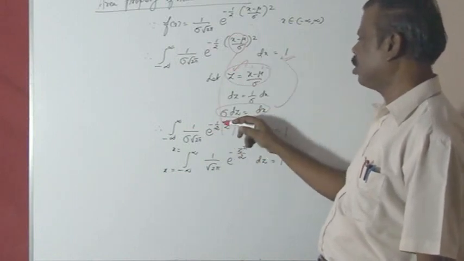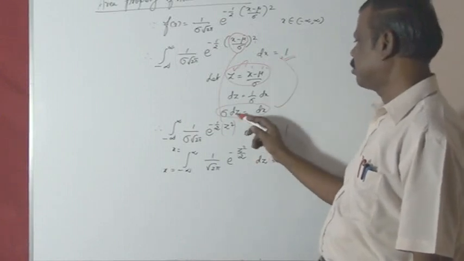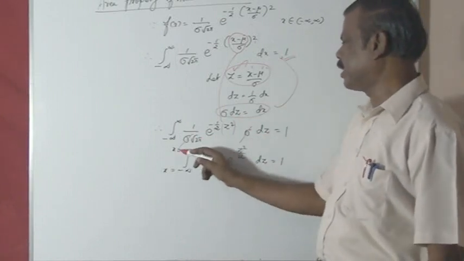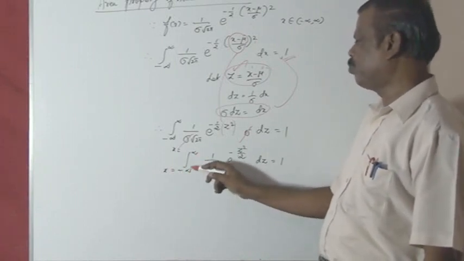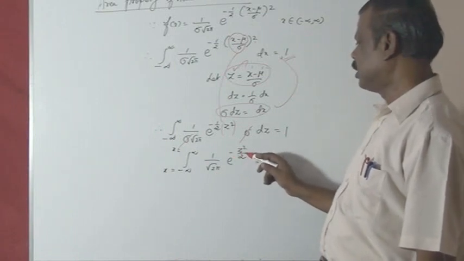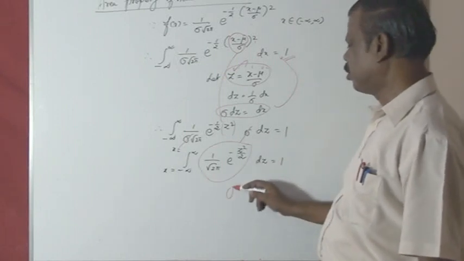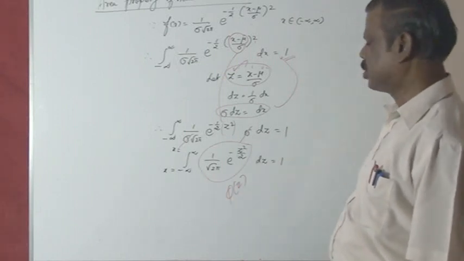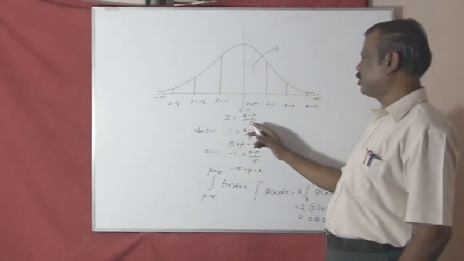Since dx is sigma dz, sigma gets cancelled. Therefore, the integral from minus infinity to plus infinity of 1 by root 2 pi e power minus z square by 2 dz is also equal to 1. Now we can call this phi of z dz.